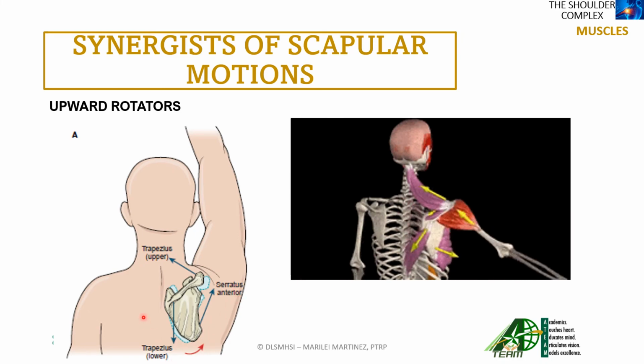Okay, so specifically, the lower fibers of the serratus anterior, which attach to the inferior angle of the scapula, rotate the scapula, specifically the glenoid fossa, in an upward and lateral direction. The pull of the serratus anterior is directed laterally and superiorly.